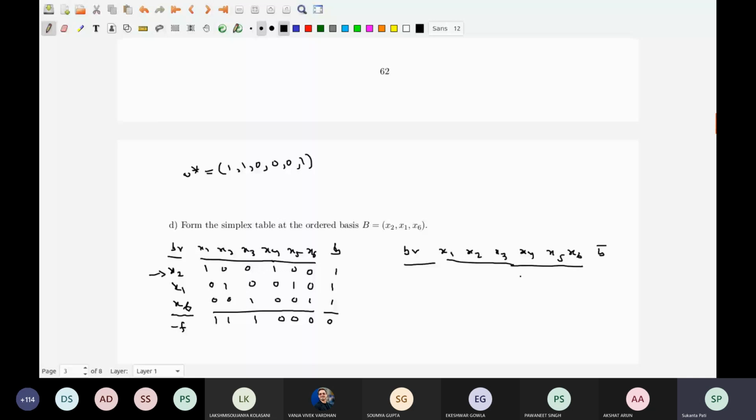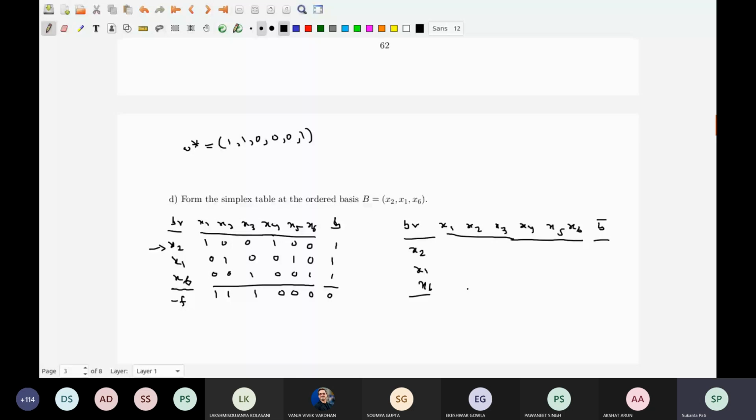Okay, in order to make the column below the first basic variable 1, 0, 0, what I do, I interchange the first two rows. So I write the second row first. When I interchange the first two rows, I also interchange these values. They also interchange, not the basis. Okay, basis remain as such.